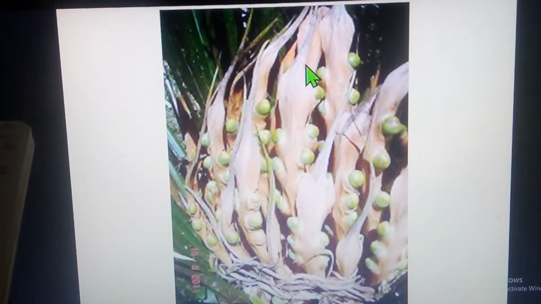Now, if you take a look at a single Megasporophyll, they are approximately 10 to 23 centimeter long, and they are leaf-like pinnate structures. They are brown in color and they are also covered with hairs. Some Megasporophylls are smooth and some are covered with hairs.